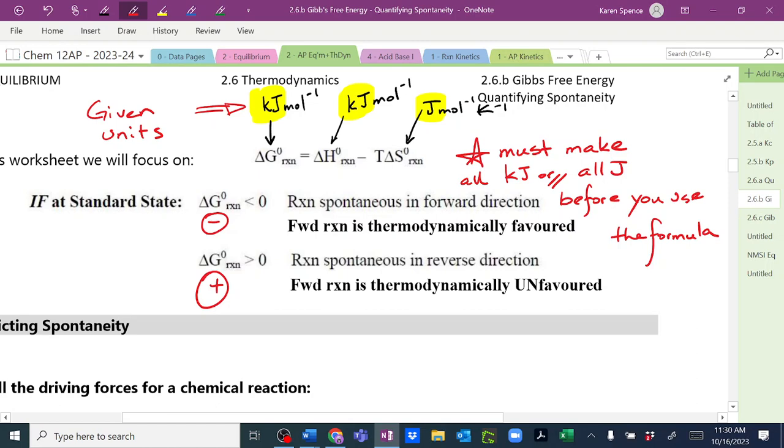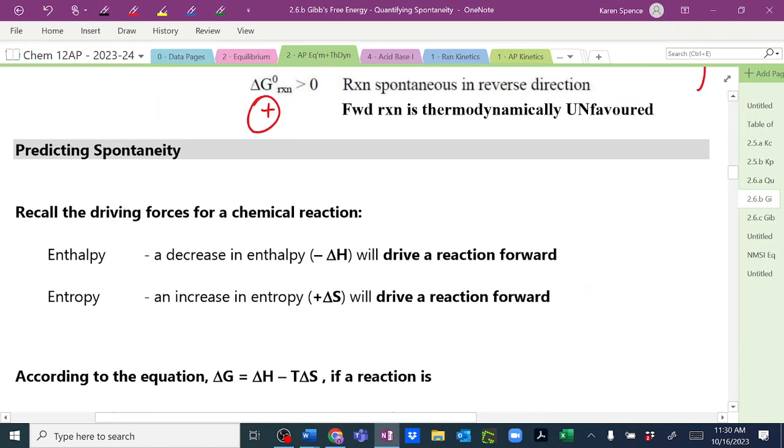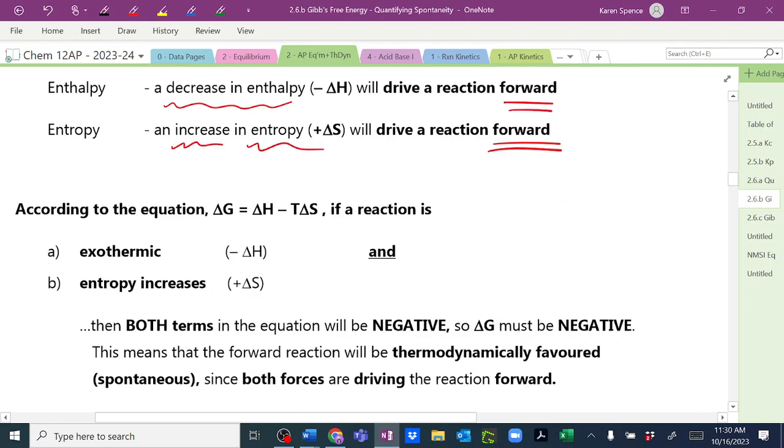Thermodynamically unfavored. So this part should be reviewed. A decrease in enthalpy will drive a reaction forward. An increase in entropy will drive a reaction forward. So let's look at all the different conditions.